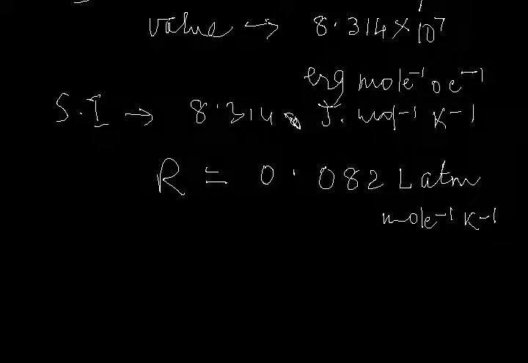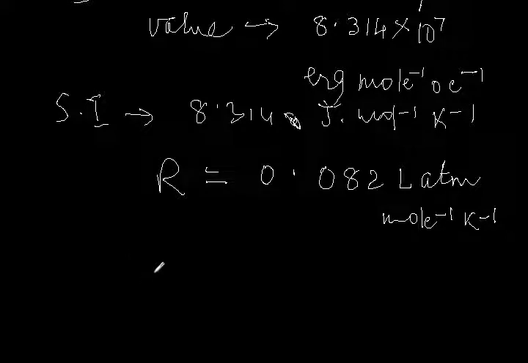So another value of R is 0.082 liter atmosphere mole inverse Kelvin inverse. Keep in mind the values of R, and this R is applicable only for 1 mole of a gas. If the number of moles be greater than 1, it is 5 or 10, etc., then R will be multiplied by 5 or 10, etc.